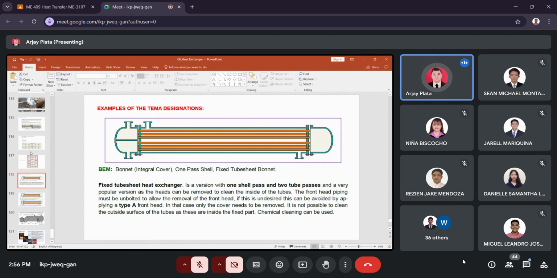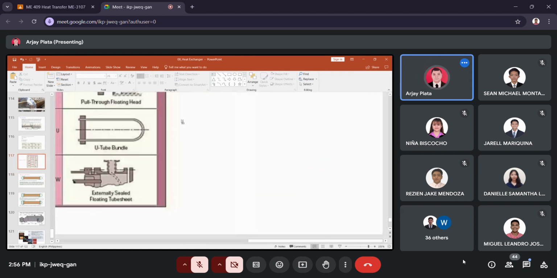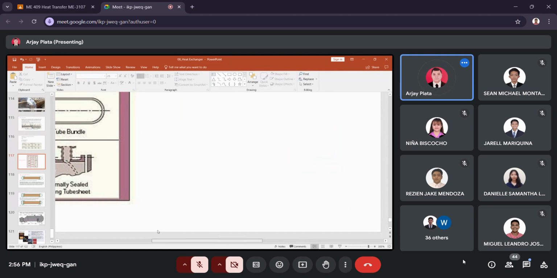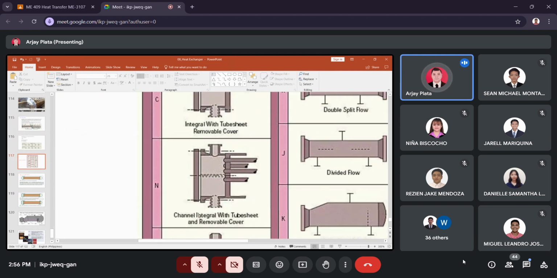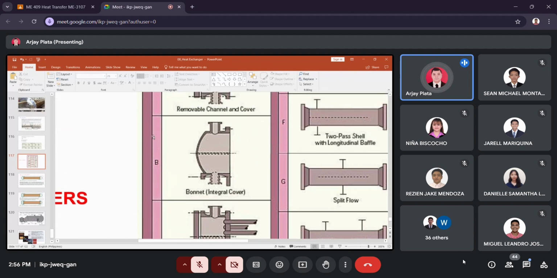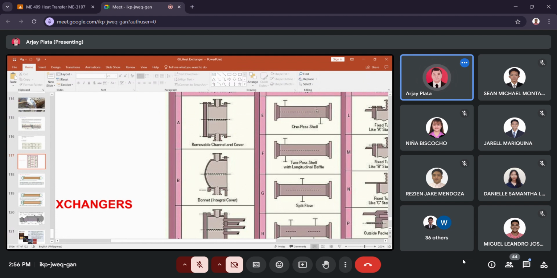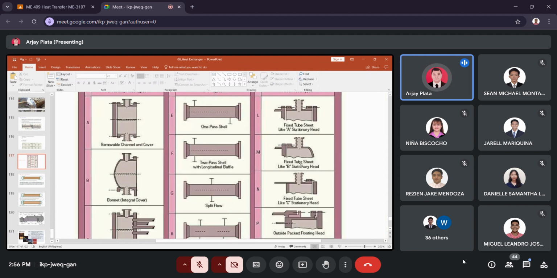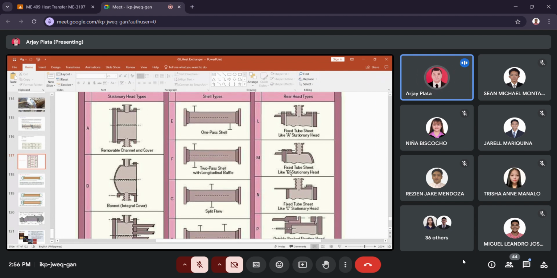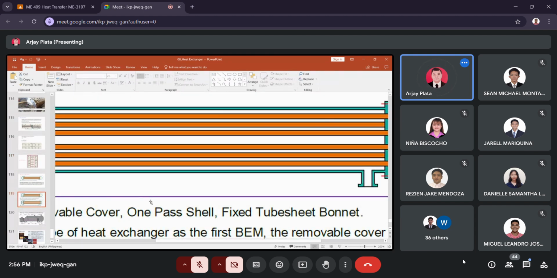So BEM, this one, BEM is here. So this is B, bonnet integral cover. E is a one pass shell, and M, I think M is a fixed tube sheet. So fixed tube sheet, M. Okay, so that's BEM.